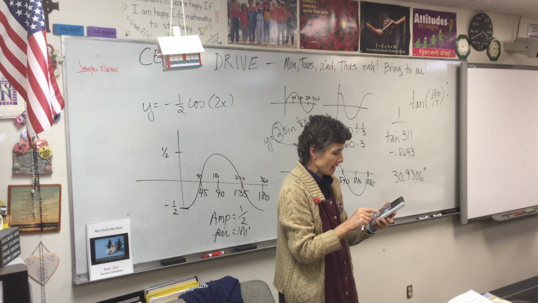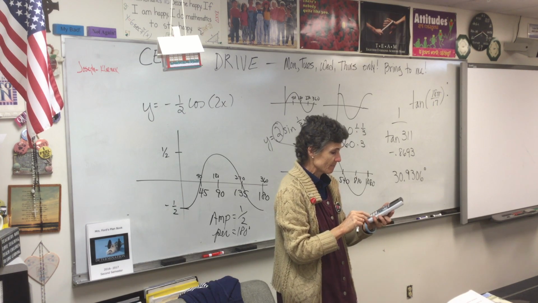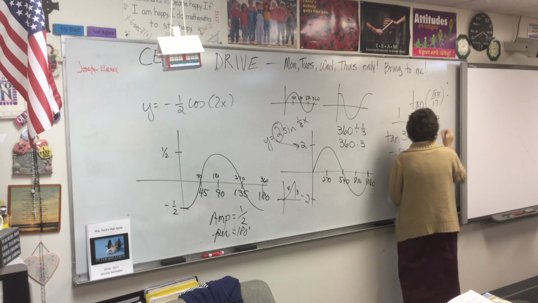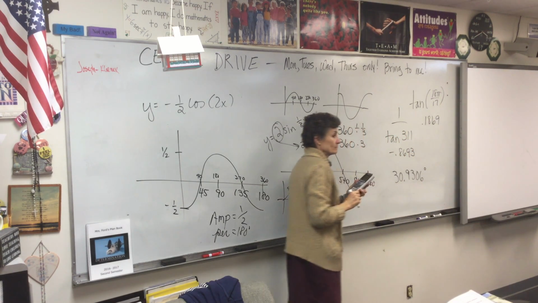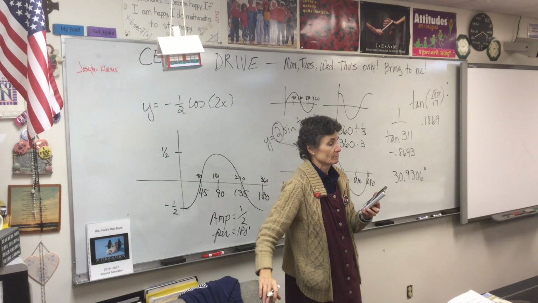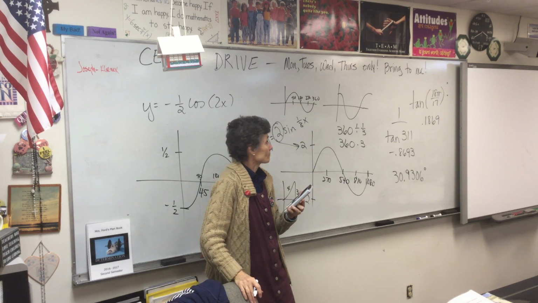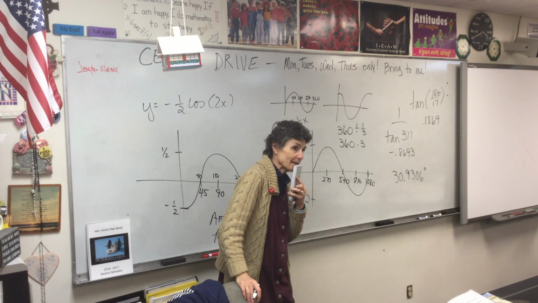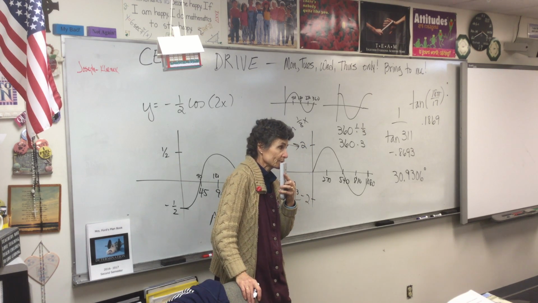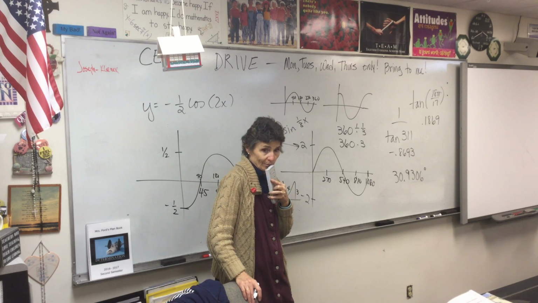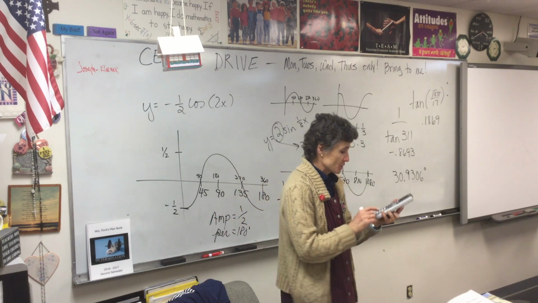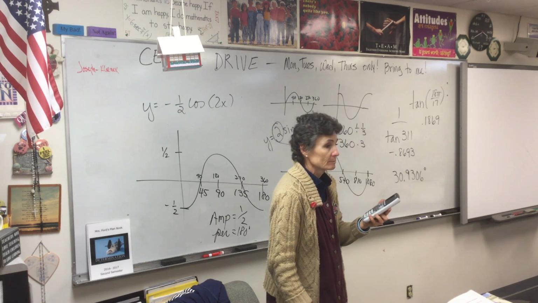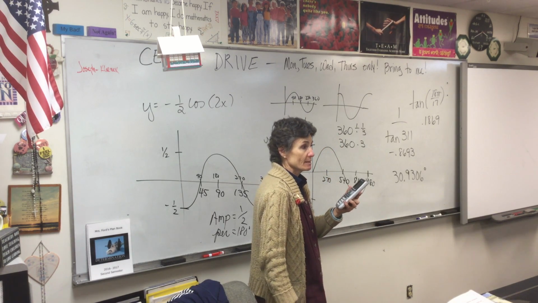So 18 pi divided by 17, 0.1869. The answer to this one's 0.1869. Is that what you got? Everybody getting that? And then the last one, just press cosine, 1.3. 0.2675.